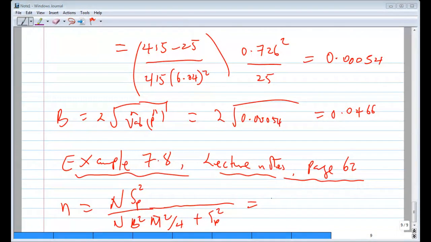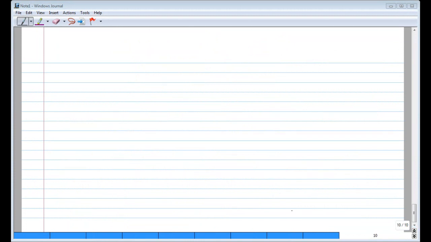Population size is 415. And then the sample variance under population proportion, 0.726, isn't it? Then you square it, then you divide by 415.